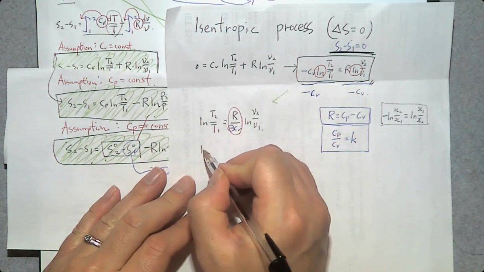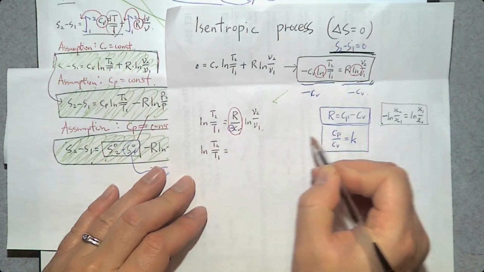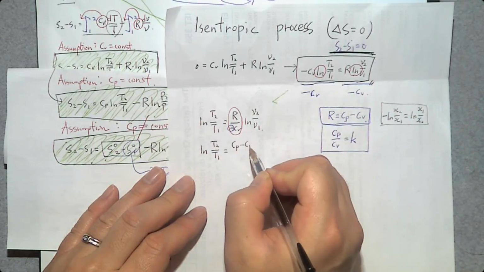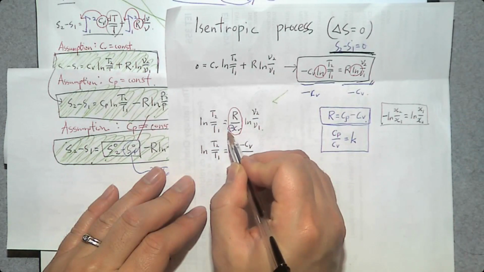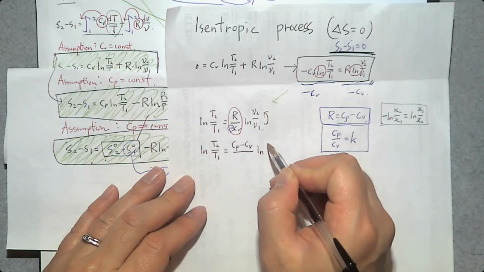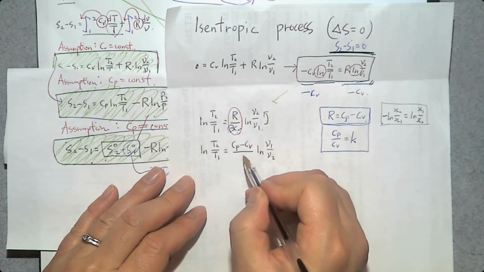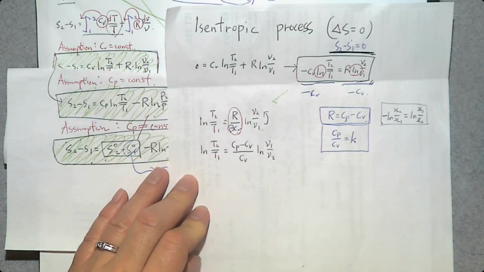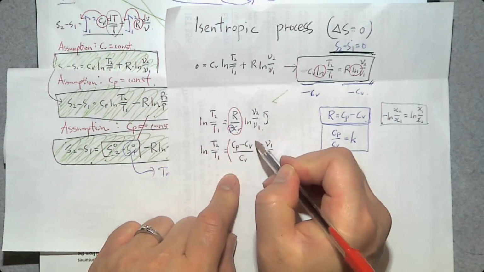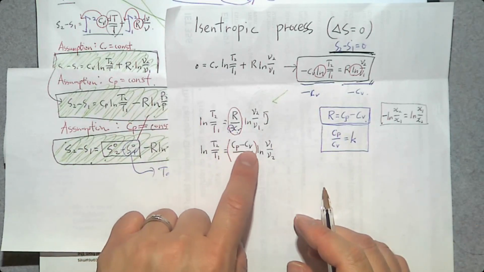So natural log T2 over T1 is going to be Cp minus Cv over Cv, and we have a negative sign. I'm going to get rid of it by switching these two: natural log V1 over V2. And this one can be rewritten as Cp over Cv minus 1.